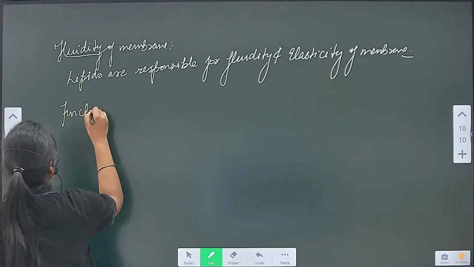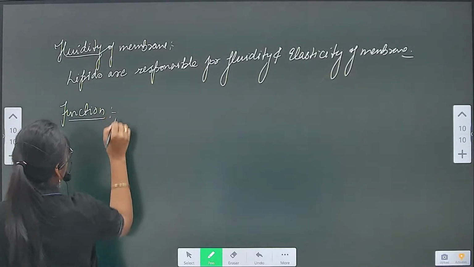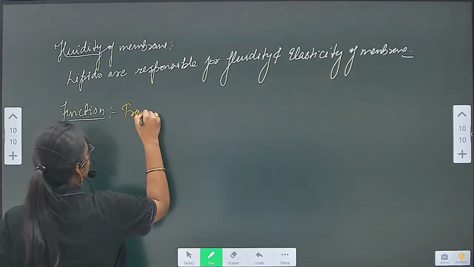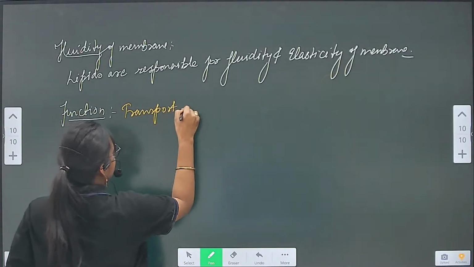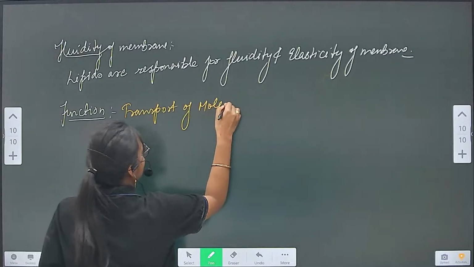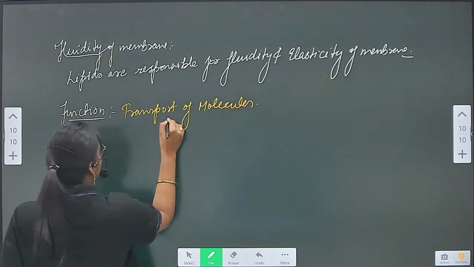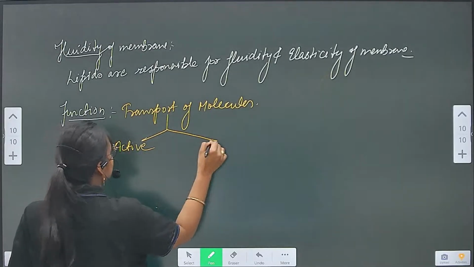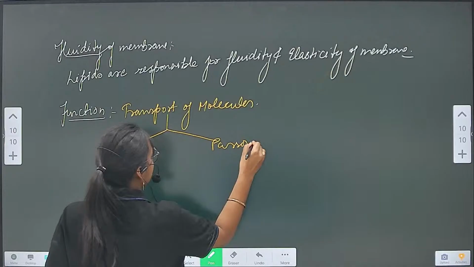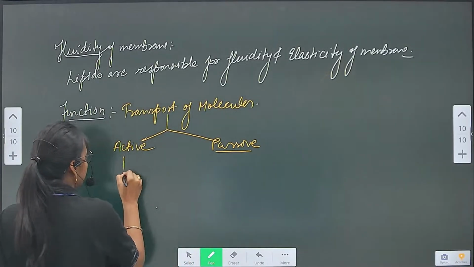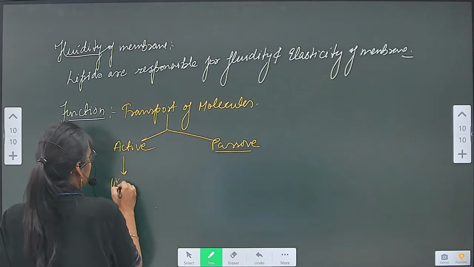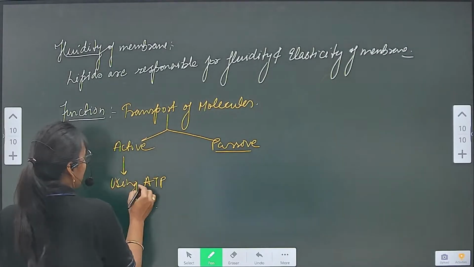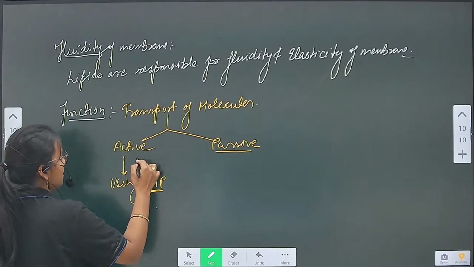That's all about now the functions of the plasma membrane. Next is functions. Mainly it is involved in the transport of molecules. Now the transport can be of two types. It can be active or it can be passive. If the molecule is transported using ATP or expenditure of energy, then the transport is active.